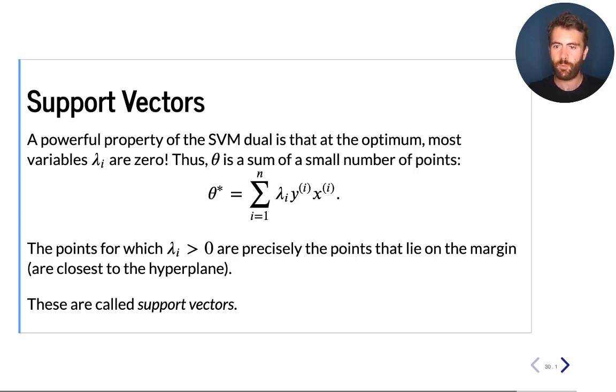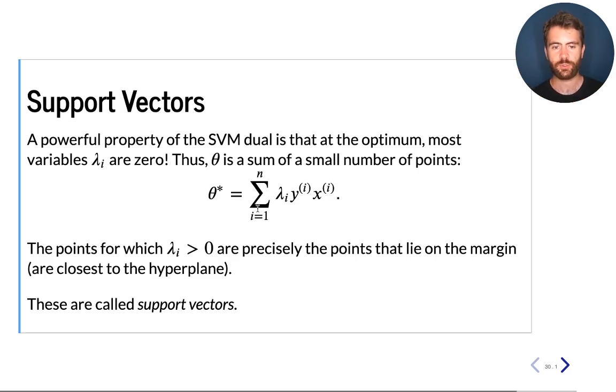So the concept of maximum margin depends only on the points which are closest to it. As long as the hyperplane is far from the points that are close to the boundary, it doesn't matter what the points that are far from the boundary are. They can take different values, they can be moved around, but the decision boundary that goes through the middle of our data set shouldn't change.